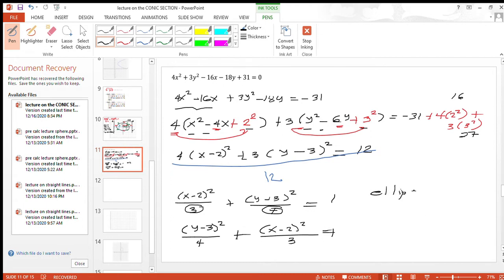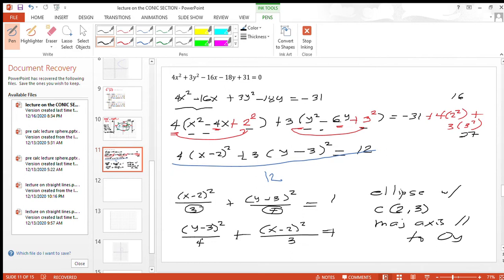An ellipse with center at x minus h, h is 2, y minus k, k is 3, okay? And major axis parallel to the y-axis or OY.